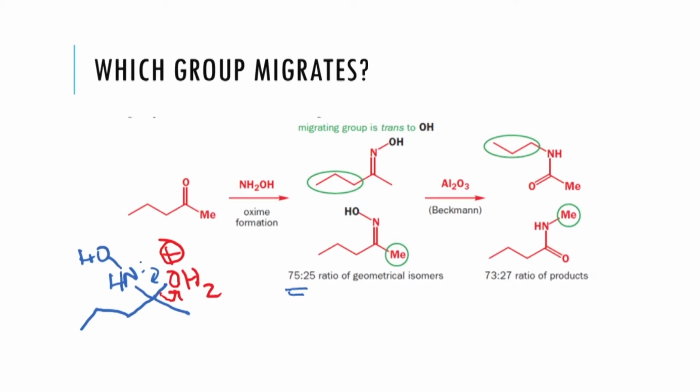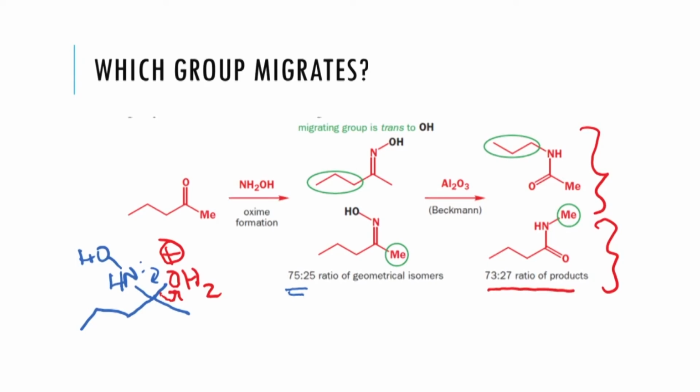The important result here is that when you add a Lewis acid such as Al2O3, the migration occurs, or the rearrangement occurs, in such a manner that the ratio of these two is actually maintained. That is, you start with 75 to 25 and you end up with a nearly identical ratio of products.